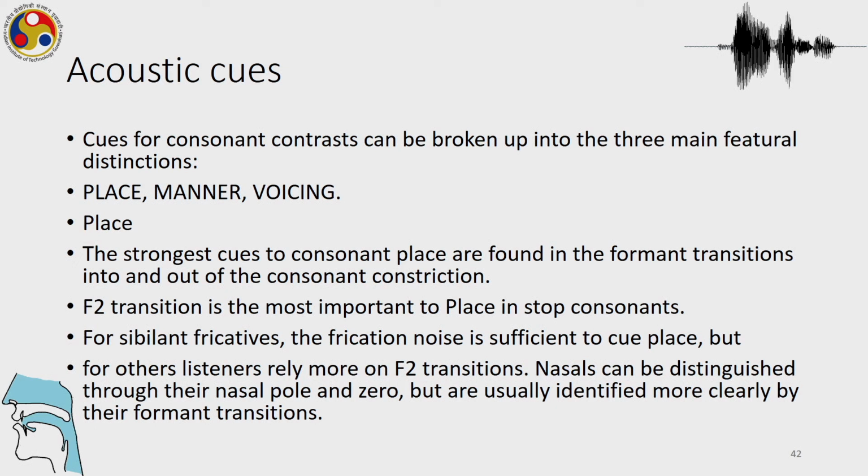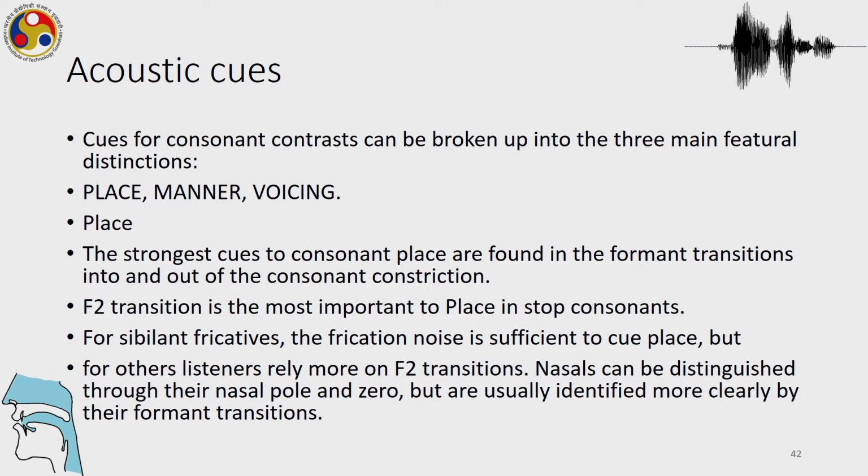And the strongest cues to consonant place are found in formant transitions, into and out of the consonant constriction, and F2 transition is the most important for place. For sibilant fricatives, the frication noise is sufficient to cue place, but other listeners rely more on F2 transitions.